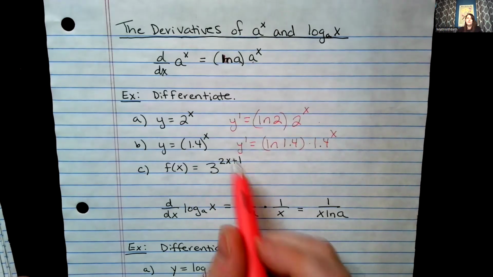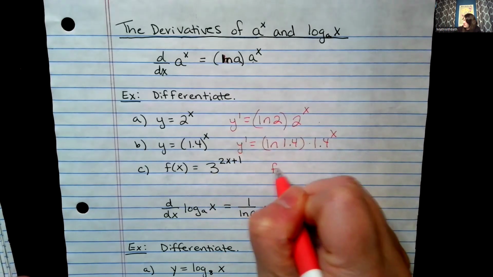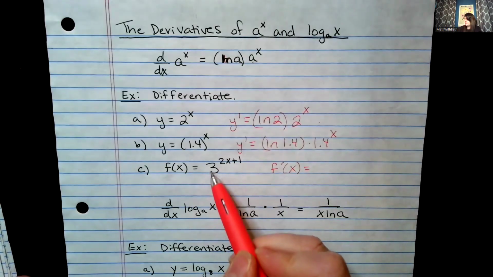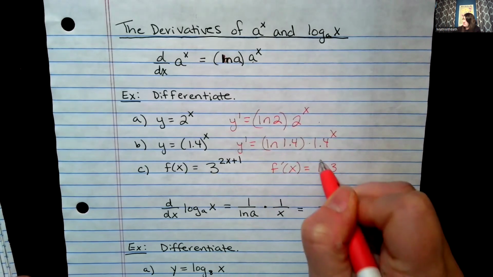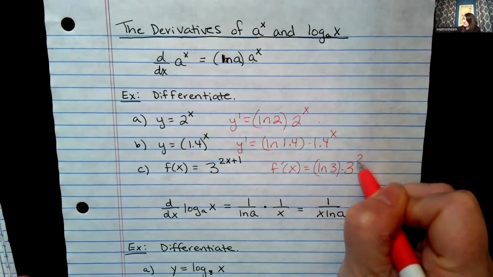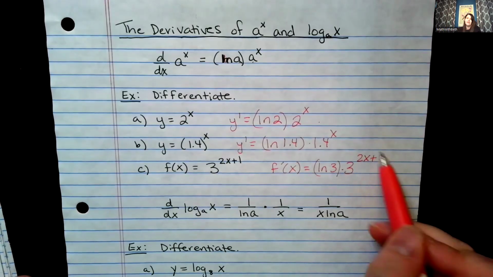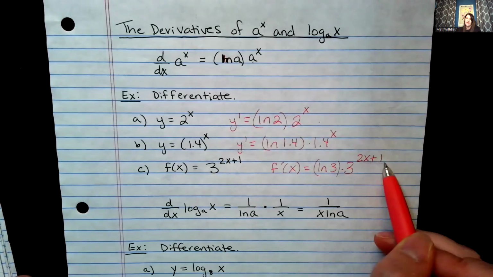Now let me show you a little more complicated one that would involve the chain rule. For this one, my first step is dealing with the 3 to a power. So that's going to be ln 3 times 3 to that power. But because this wasn't just an x, I have to do the chain rule, which basically just means multiply by the derivative of that.